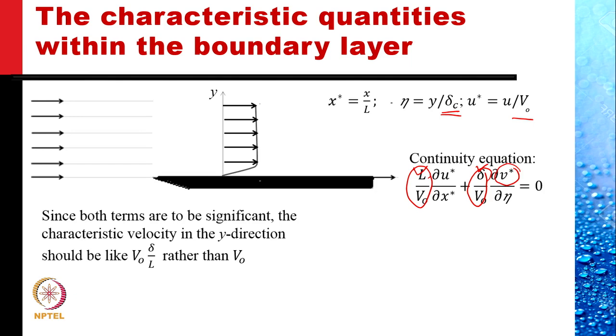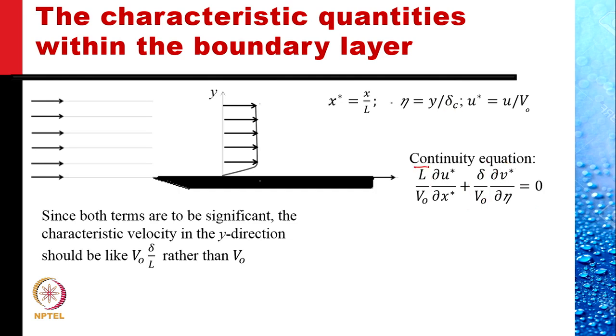Since these coefficients are different, that means V star has not been normalized properly, and V star should have been normalized as V star is equal to V divided by V naught delta by L.